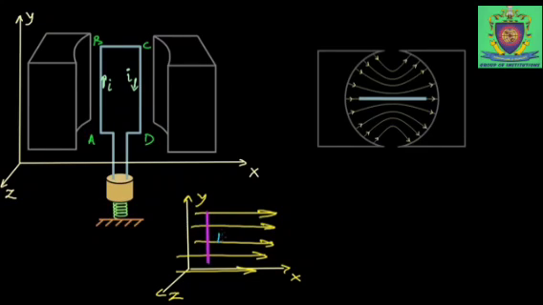And let me consider this is nothing but your AB, and AB and CD are both parallel to your y axis itself. So this is how my AB element is placed, and the current I is passing through that AB element, so it's a current carrying element, right? When the current is passing here, in the presence of the magnetic field, the torque is created. So the rotation is created between this magnet itself, right?